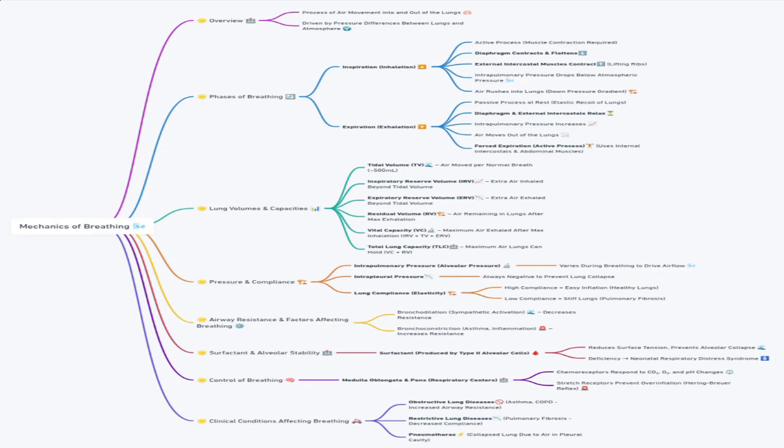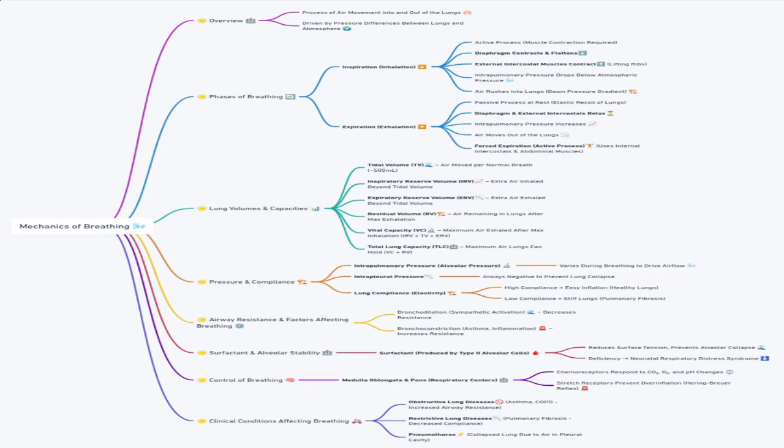So the relevant pressures for lung mechanics: you always have to remember the transpulmonary pressure. The transpulmonary pressure has to do with the lung volume. It is the alveolar pressure minus the intrapleural pressure.